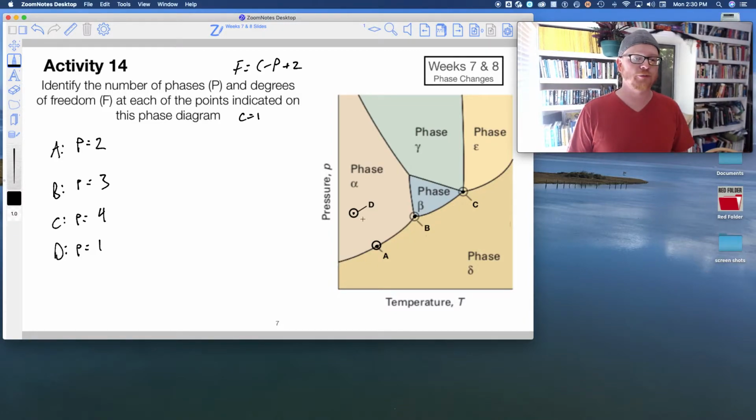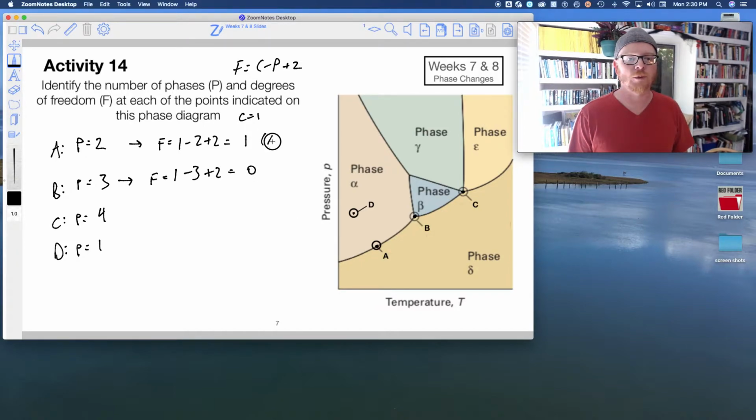Now what about the degrees of freedom? For point A, F equals 1 minus 2 plus 2, so that equals 1. We're going to talk about what all that means in a second. For point B, F equals 1 minus 3 plus 2, and that equals 0.